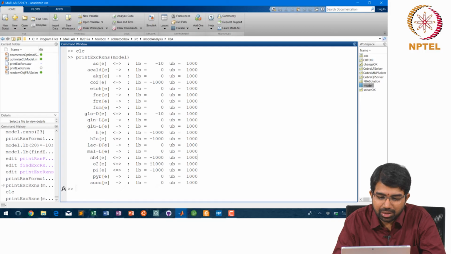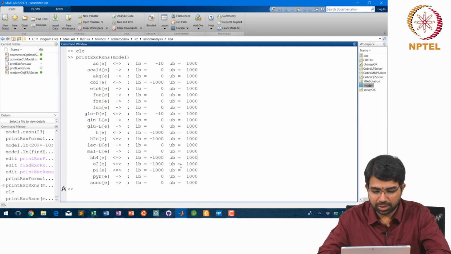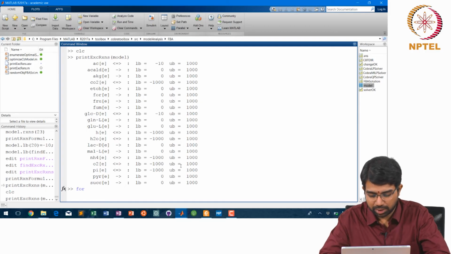So, let us actually do that for glucose uptake rates from minus 2000 to minus 10.